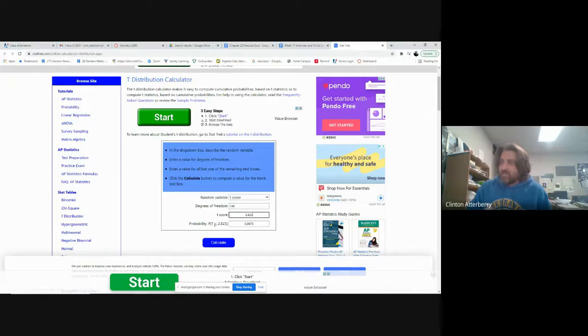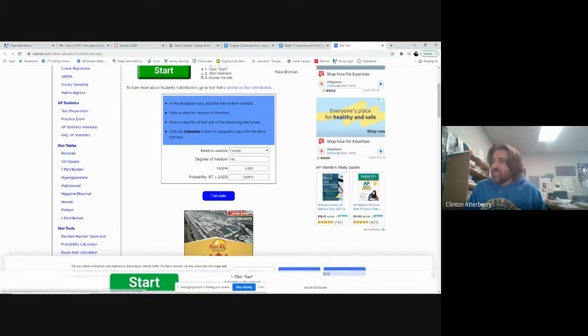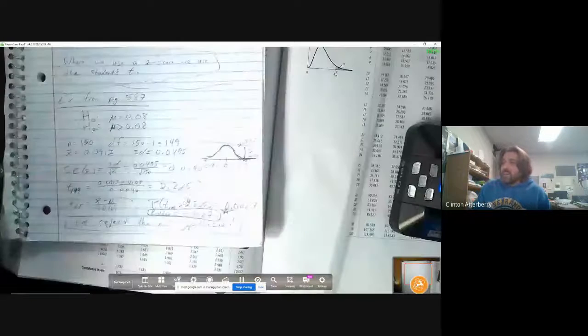And you're trying to solve for that probability. When I did that, that's where it gave me that probability, but that's the left side shaded. I wanted the right side shaded because my problem was greater than. So the final answer would be that p-value.